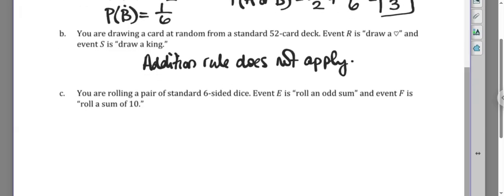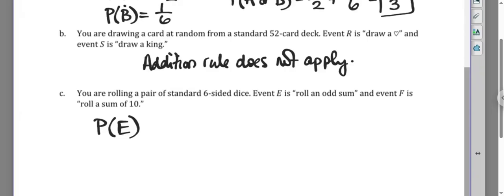So letter C. You're rolling a pair of six-sided dice. So this goes back to the table in day one, where you have the sum of the two dice. So there's 36 outcomes there. So you're going to roll an odd sum versus the sums that are 10.